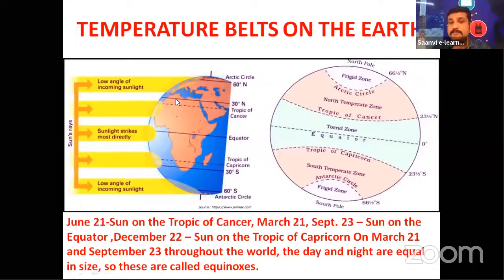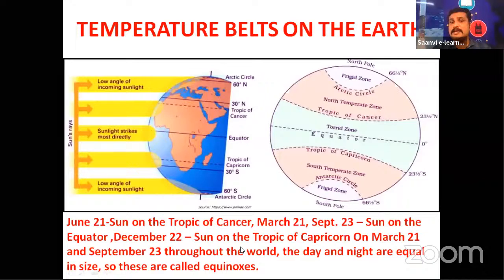In the same way, March 21st and September 23, sun on the equator, is caused by the revolution of the earth, another term you learned in the last class. The earth revolves around the sun. So on March 21st and September 23, the sun is on the equator line.